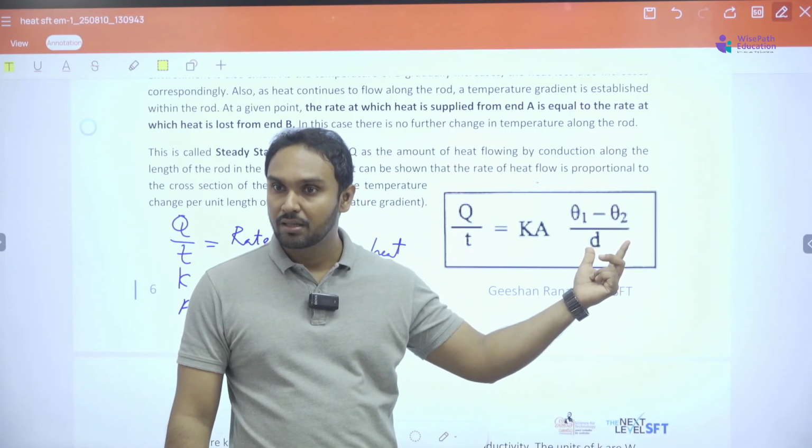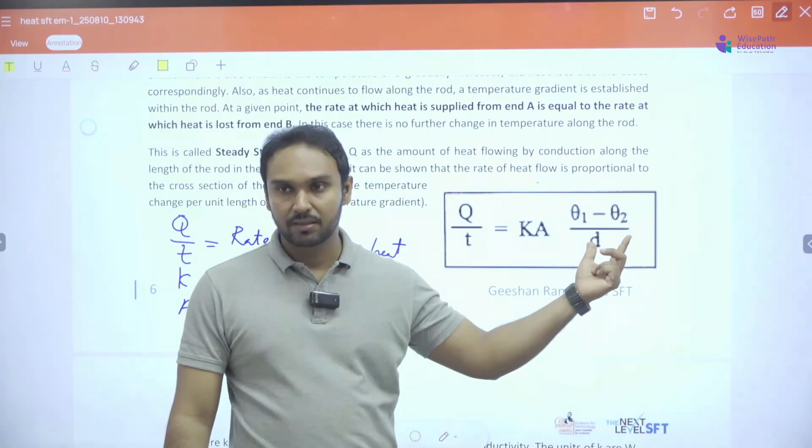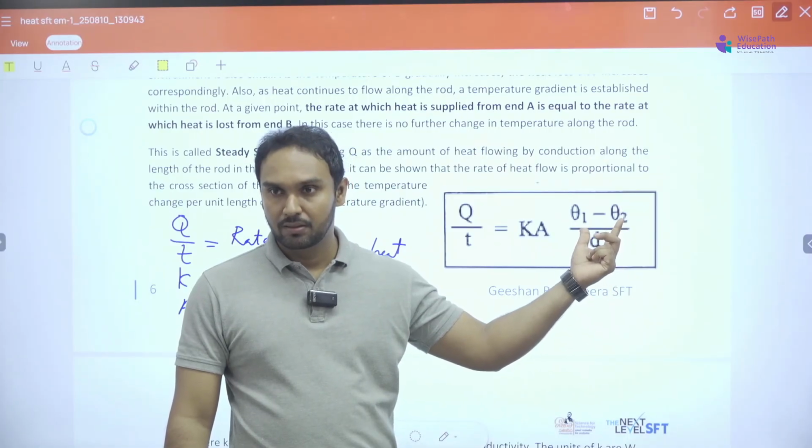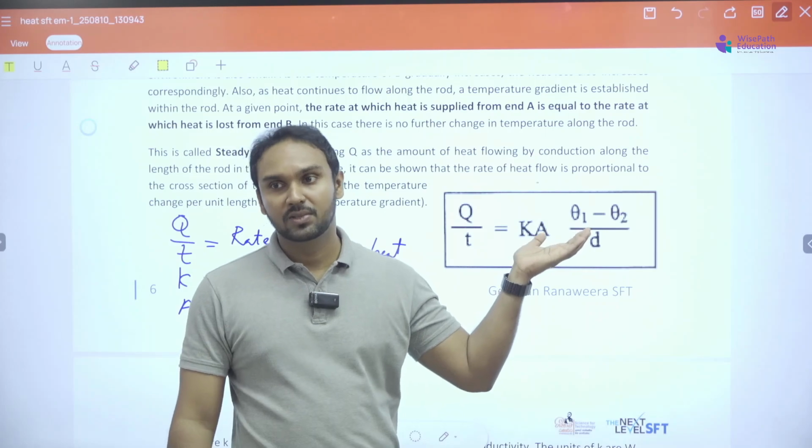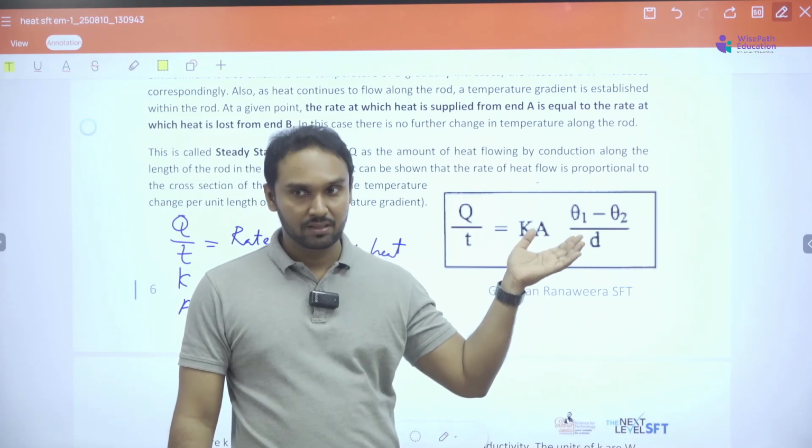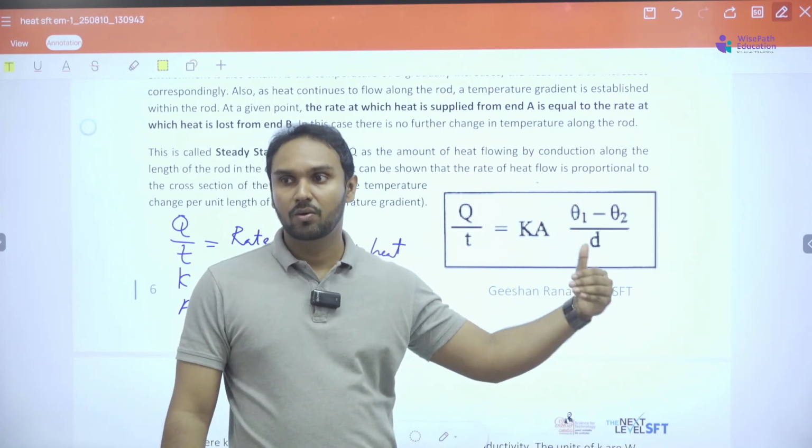Not in the units. What does it mean? Temperature difference over length.